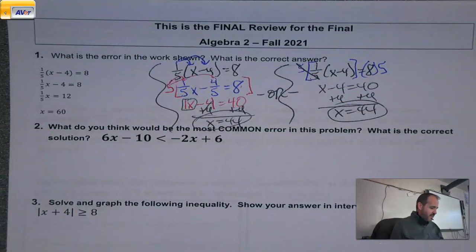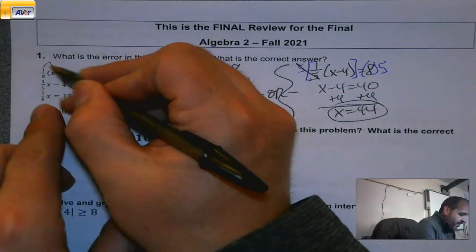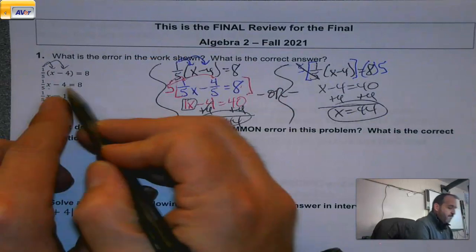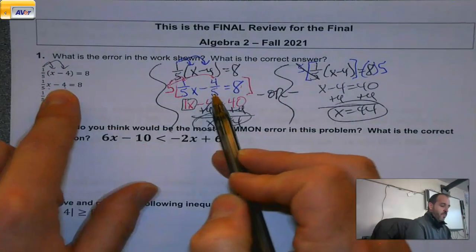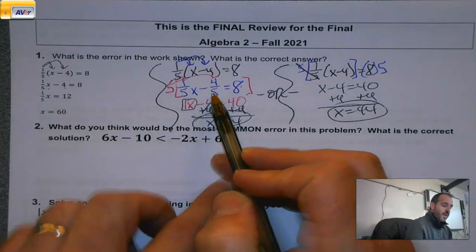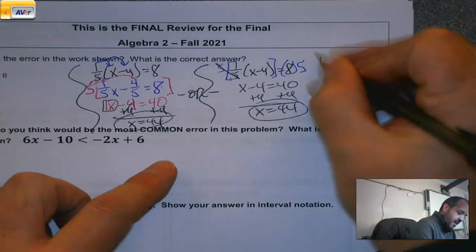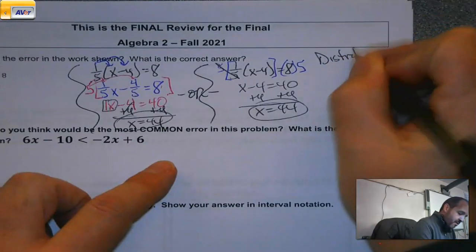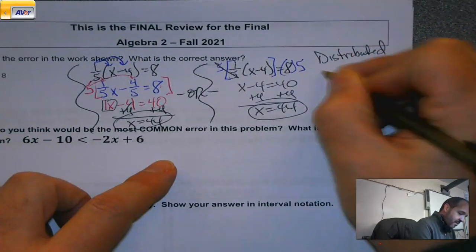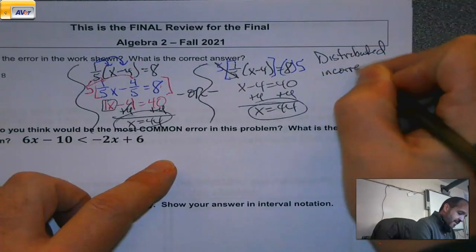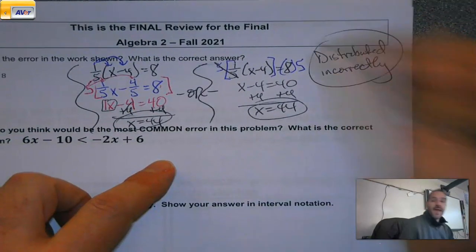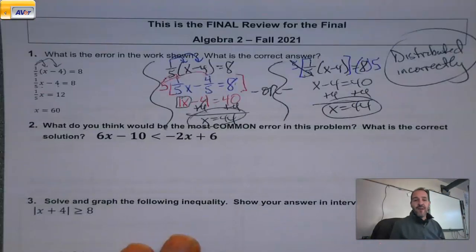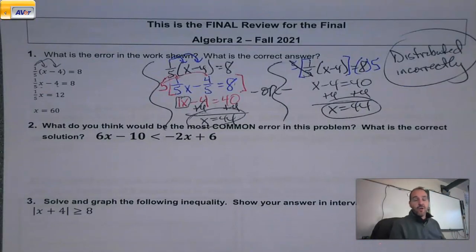I'm like, well, it looks like they distributed too. Uh-oh. Okay. So here, they distributed incorrectly.